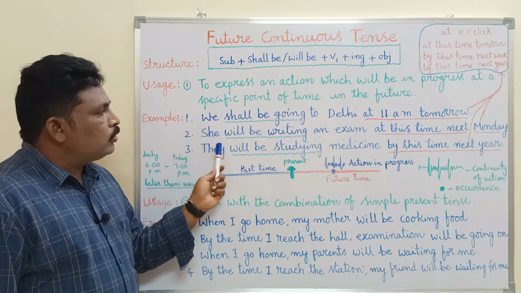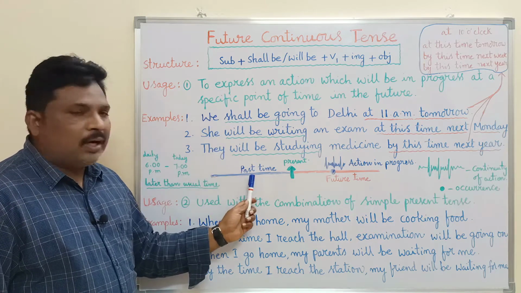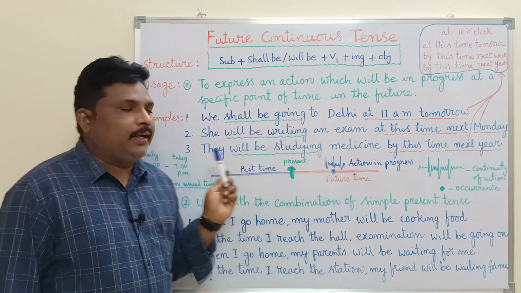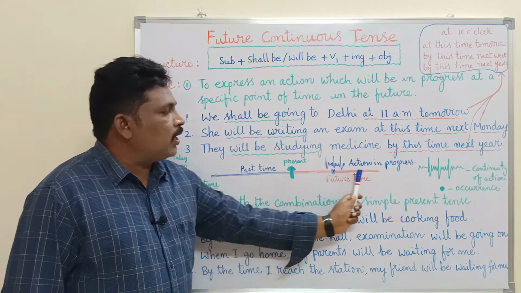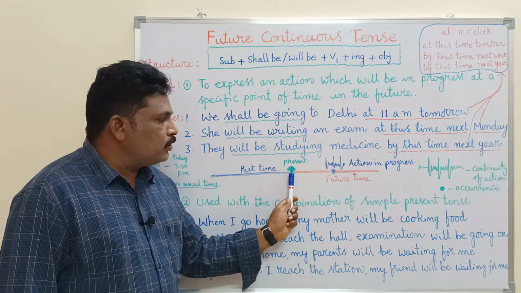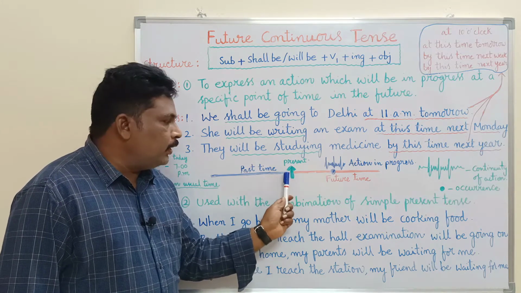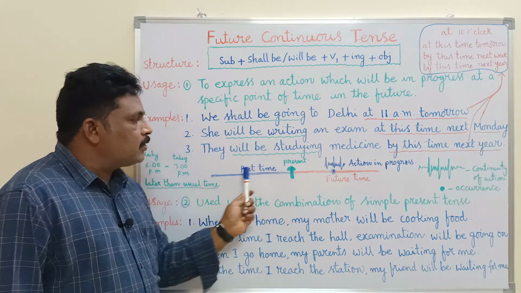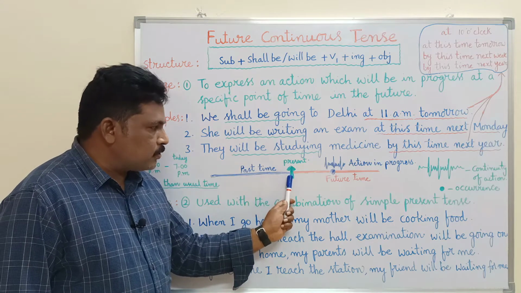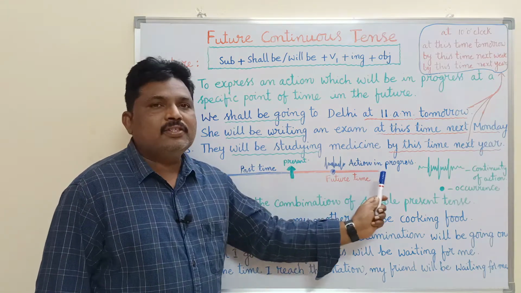Before we see the examples, try to understand this usage which is shown in the diagram. Imagine this red line is future time, this green line is the present point where we are, and this blue line is past time. So this is past time and this is the present time, and this red line is future time.